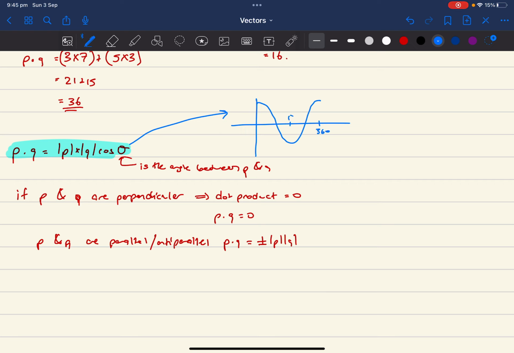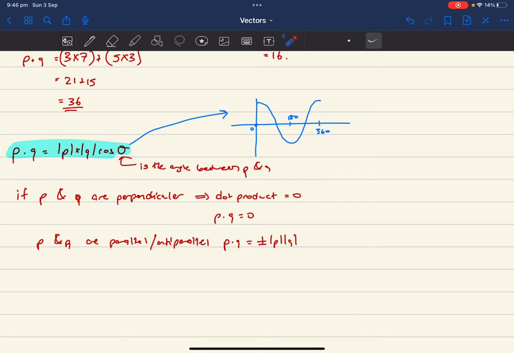360, 180, 0, right? So when they're perpendicular, let's say I have a vector P and a vector Q. When they're perpendicular, the angle is going to be 90 degrees, or the angle can also be 270 degrees.